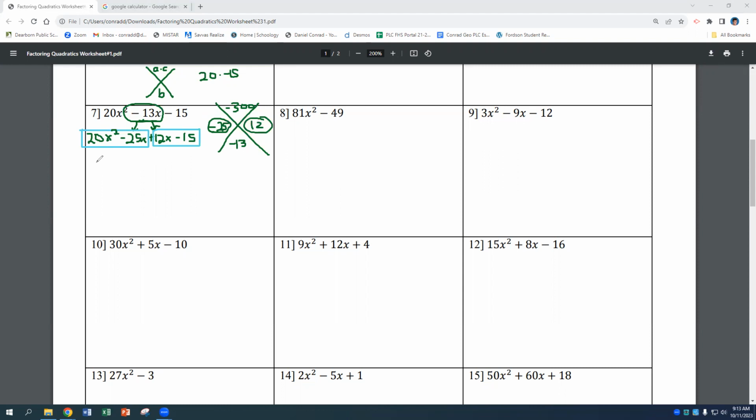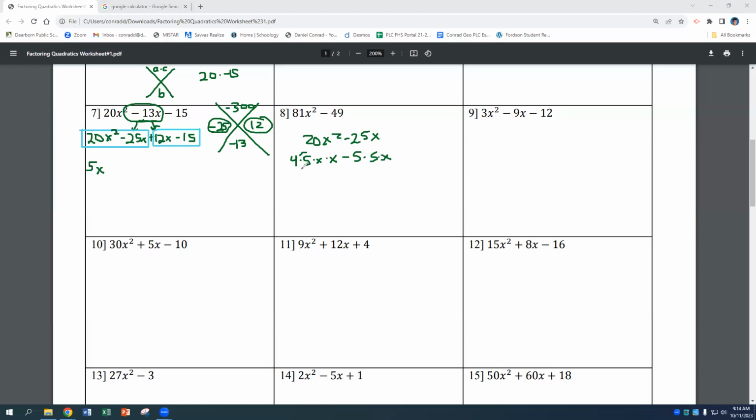The greatest common factor there is going to be 5x, right? 20 can really be split into 4 times 5 times x times x. The 25 can be split into 5 times 5 times x.